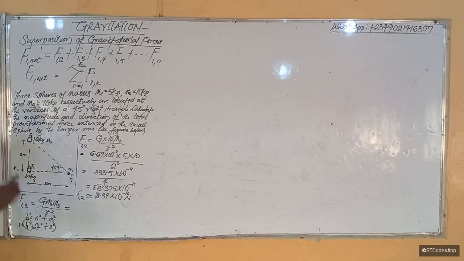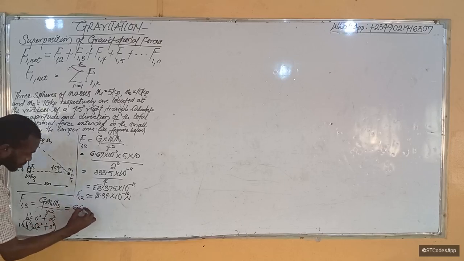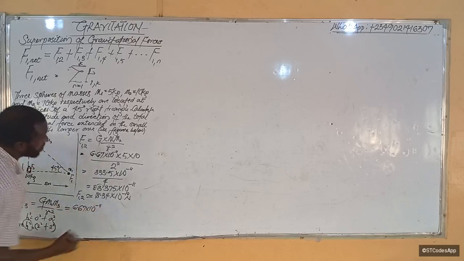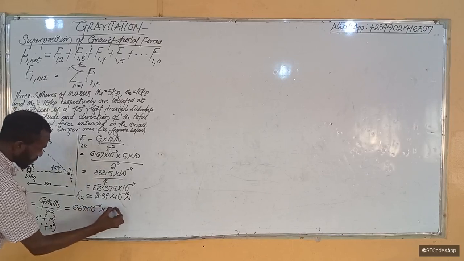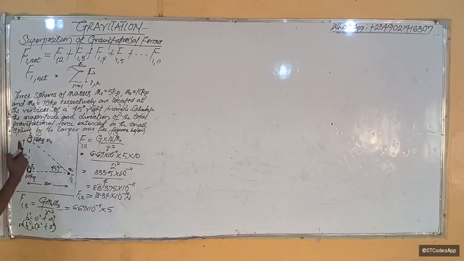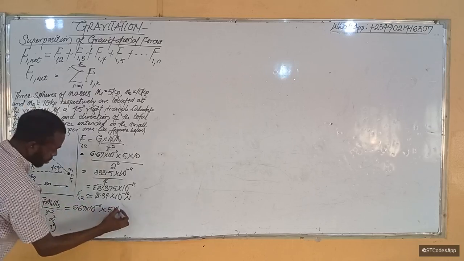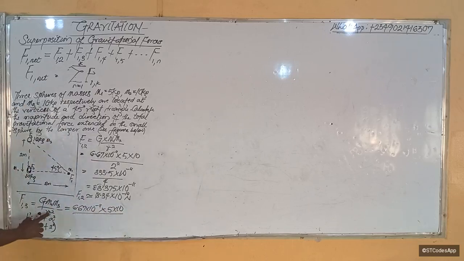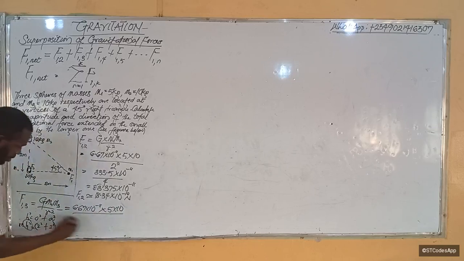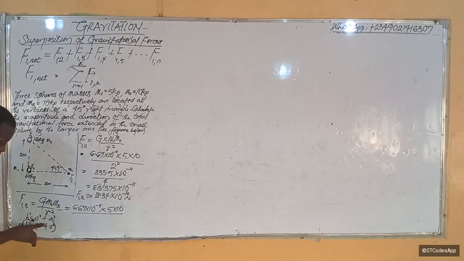So we'll just pick this value and use it as 6.67 times 10 to the power minus 11, then times 5, M1, M3, also 10. Okay, I think the question is even simple. So R squared is now 2 squared plus 2 squared.